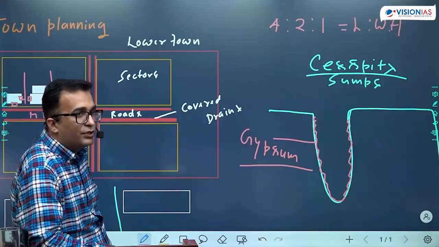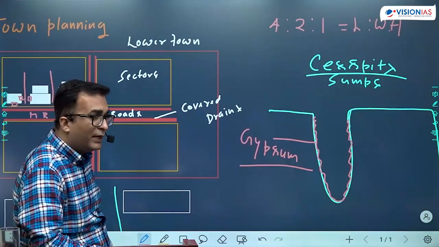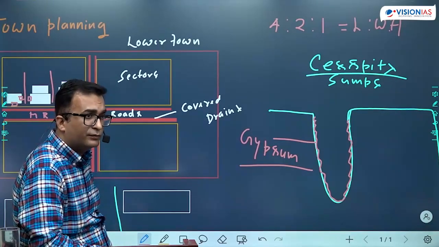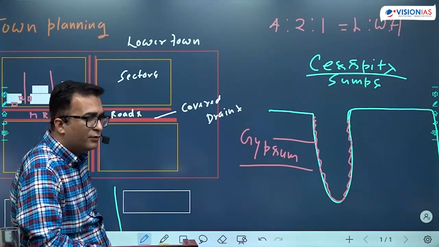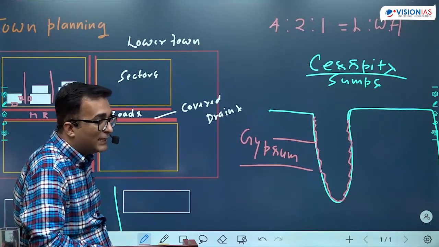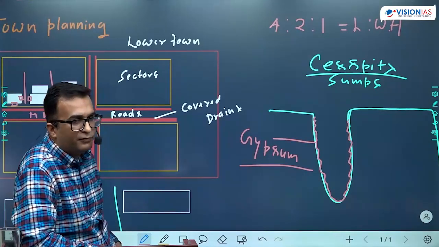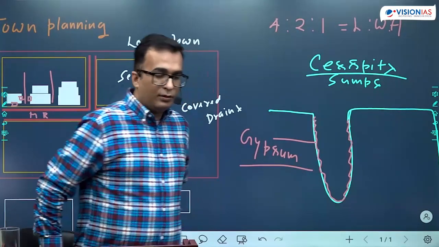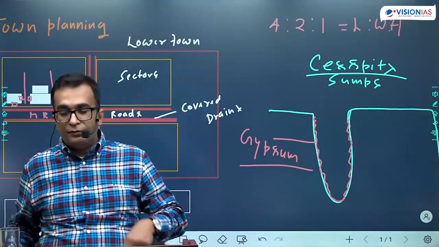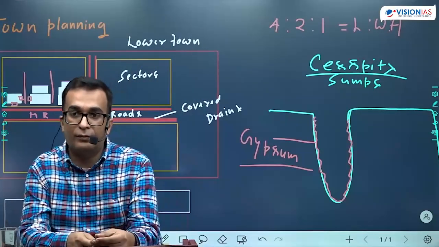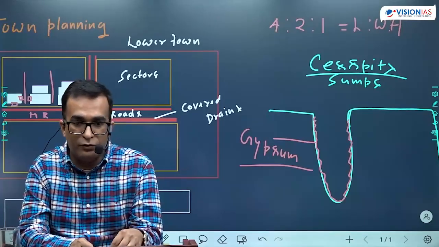Then mention generally the main gates of the houses were not facing the main road. Full stop.